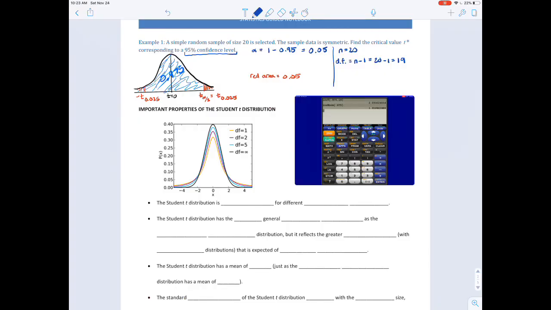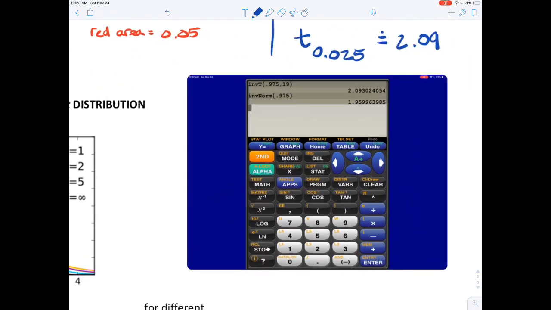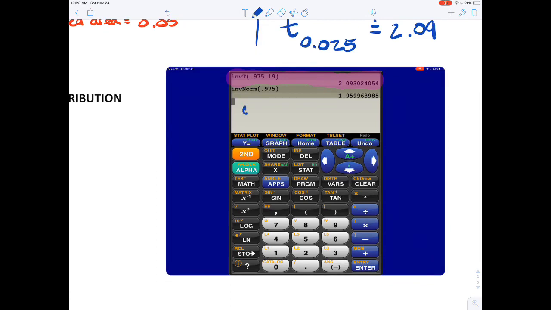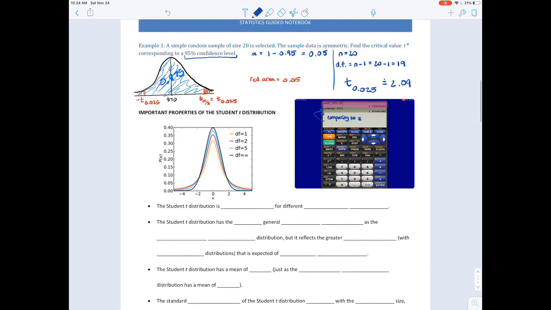Our result ended up being that t of 0.025 is approximately 2.09, and we compared that to the z. Okay? All right. So let's continue.